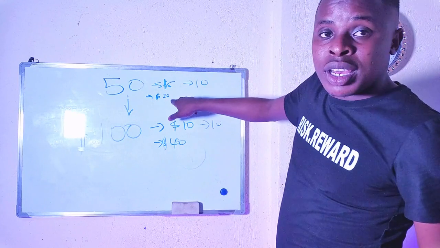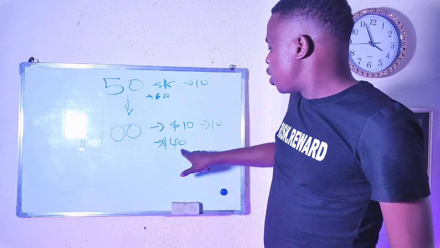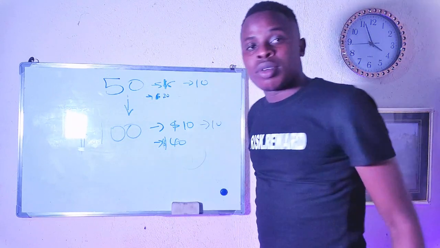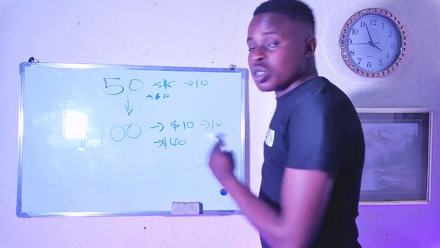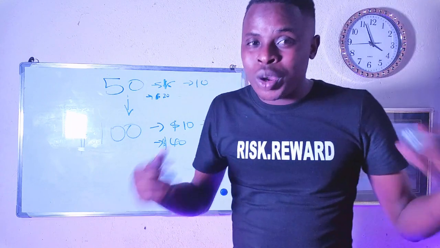So if it took me 5 trades to get to 100, now it will take me about 3 trades to get the same 100, right? So that's how you grow a small account.